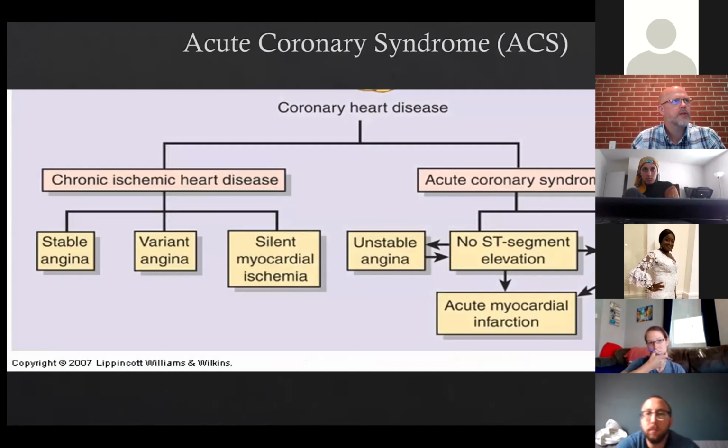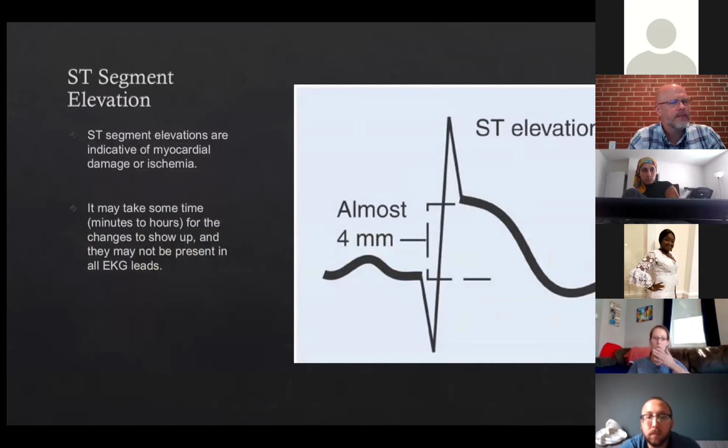All right, let's move on to acute coronary syndrome, and we're going to talk about ST elevation. So the ST segment is an important part of the strip to look at in your patients who may be suspected of having a heart attack. If it's elevated or even depressed, it may indicate that your patient has had significant disruption to the tissues of the heart, which is affecting the conduction.